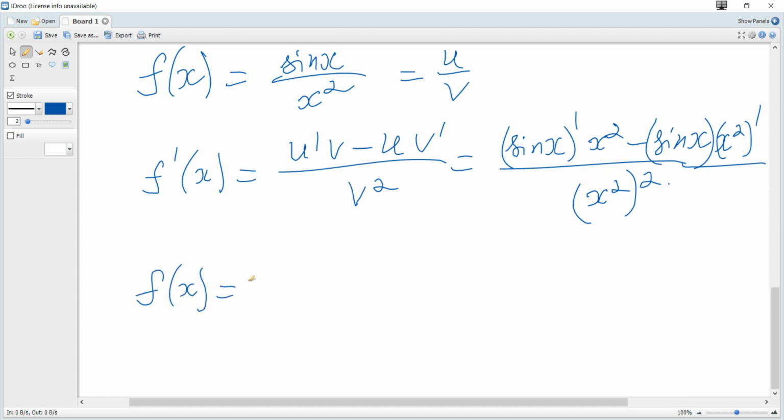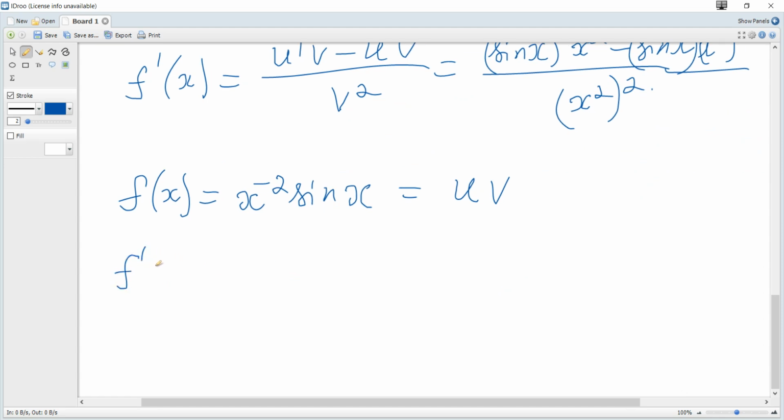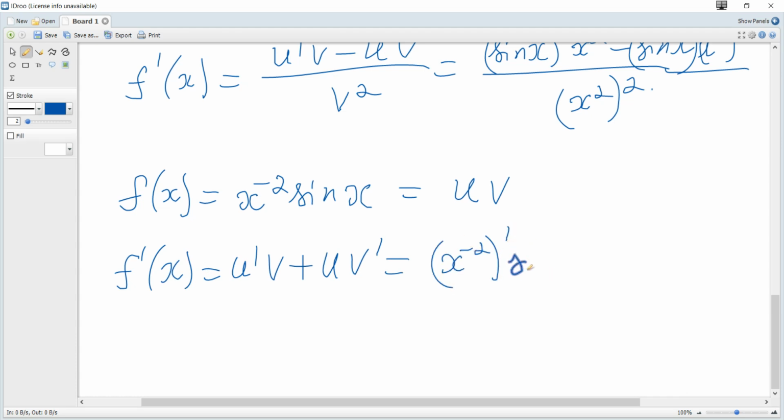You can consider this function as x to negative 2 times sine x and consider it as a product u times v. Hence the derivative is u prime v plus u v prime, which is equal to the derivative of x to negative 2 times sine x plus x to negative 2 times the derivative of sine x, and you need just to find derivatives and write the final answer. And that's all.